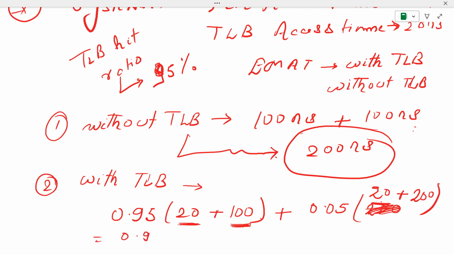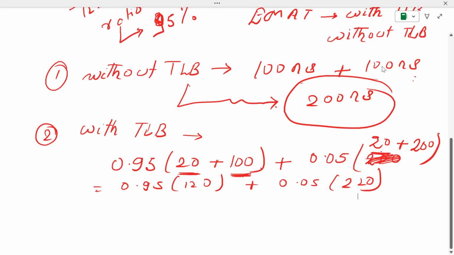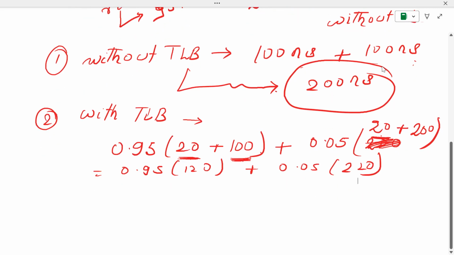So the answer will be something like this: 0.95 multiplied by 120 plus 0.05 multiplied by 220. You can do the calculation, of course: multiplying the first gives 114, and multiplying the second gives 11.